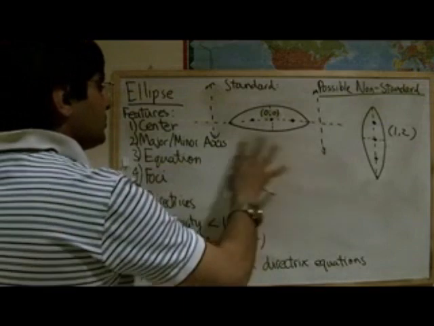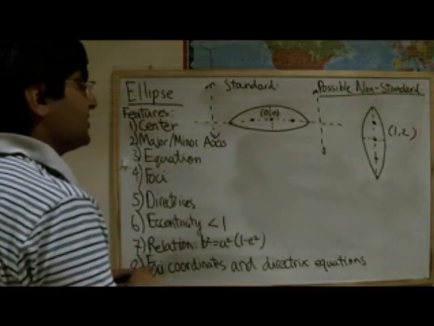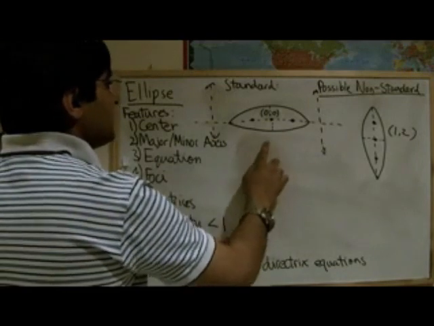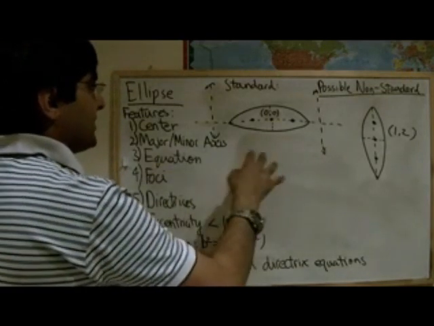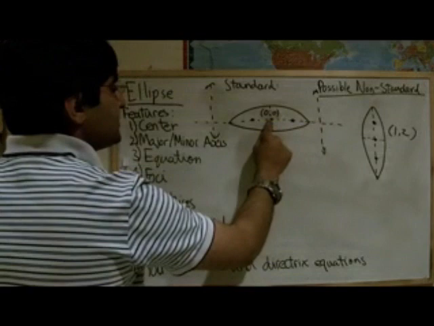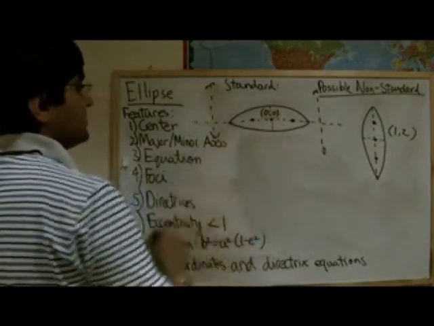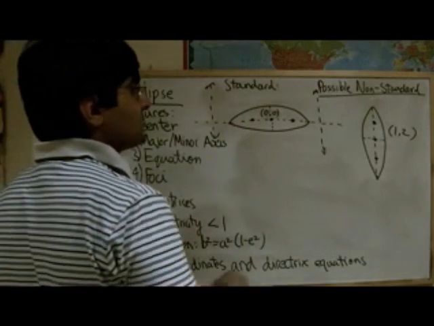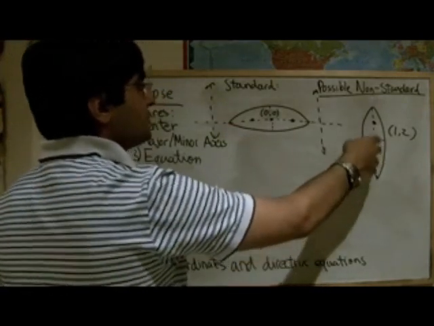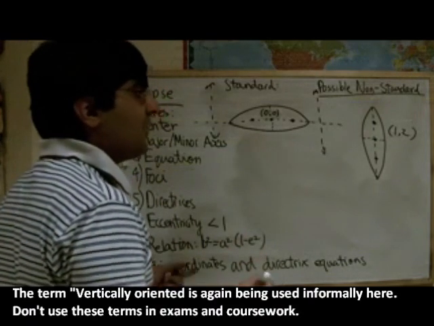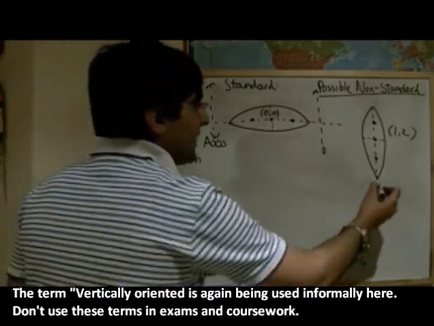So these could be two possible directrices for the standard ellipse, and again they are equidistant from the center of the ellipse along the major axis. So this distance here between the center and this directrix is the same as the distance between the center and this directrix. If you're talking about a possible non-standard ellipse which is vertically oriented, where the major axis is vertical, then the same principle would apply.